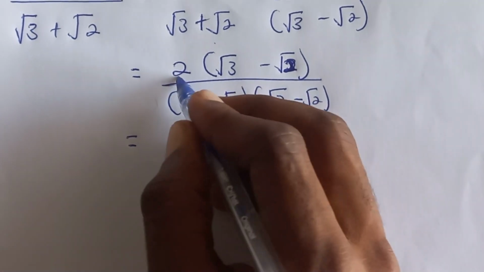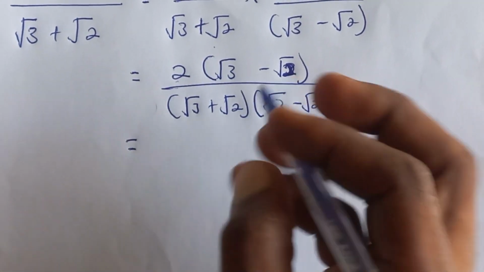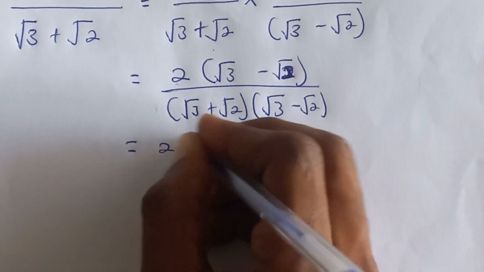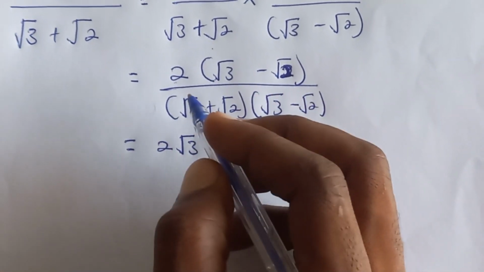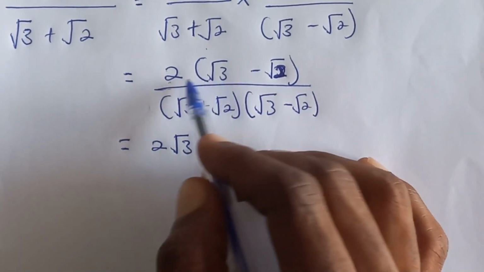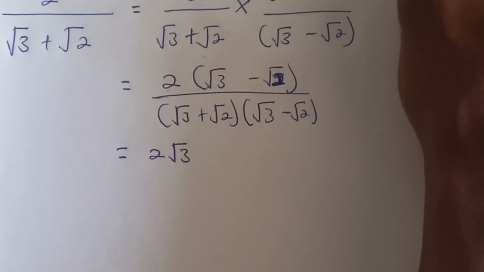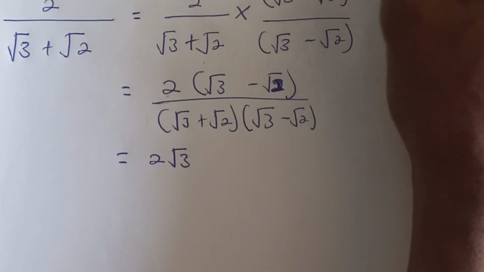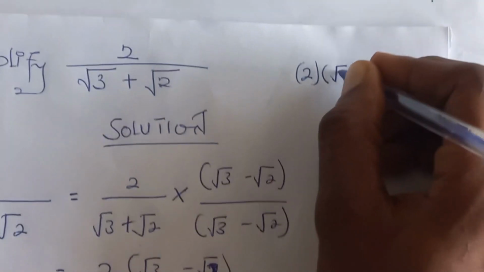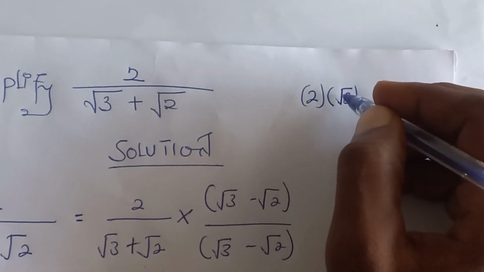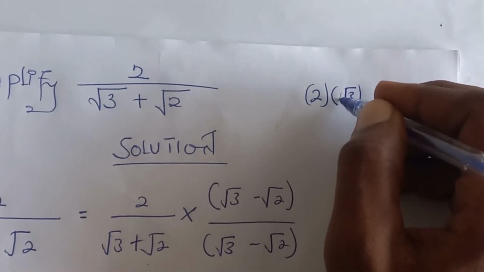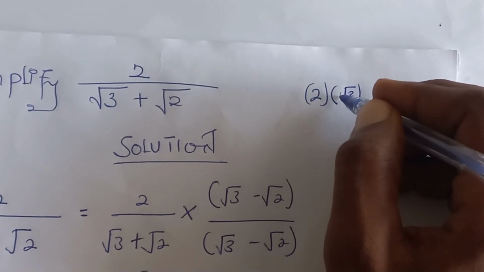So 2 multiplied by root 3, we are getting 2 root 3. Don't forget, we are multiplying something like this. We assume that there is a number here and the number is 1.